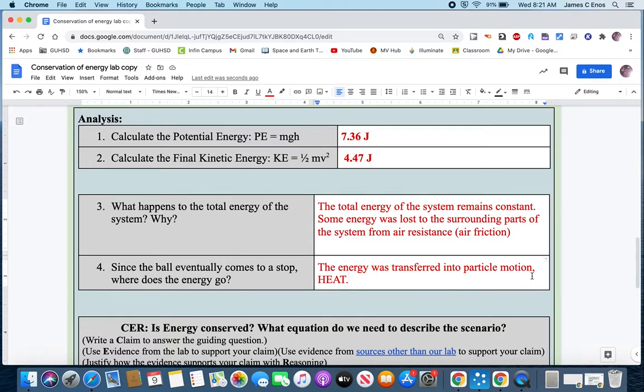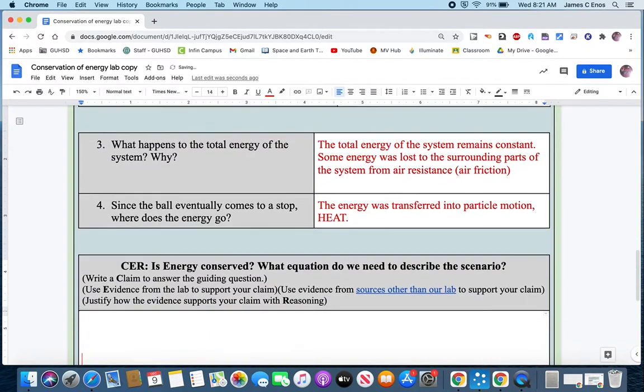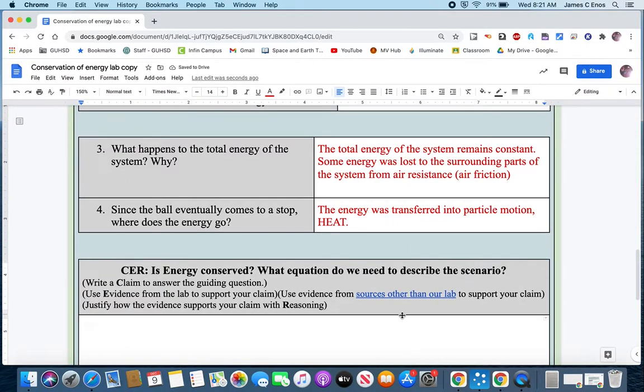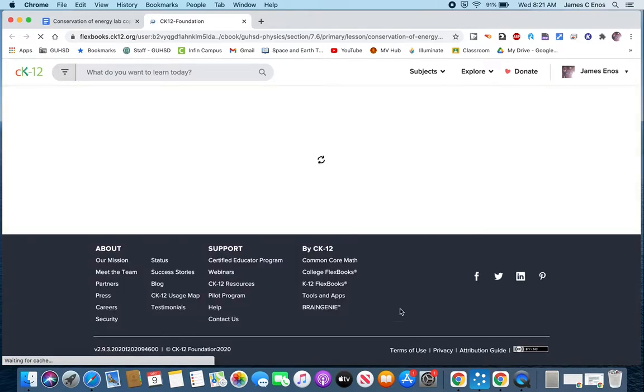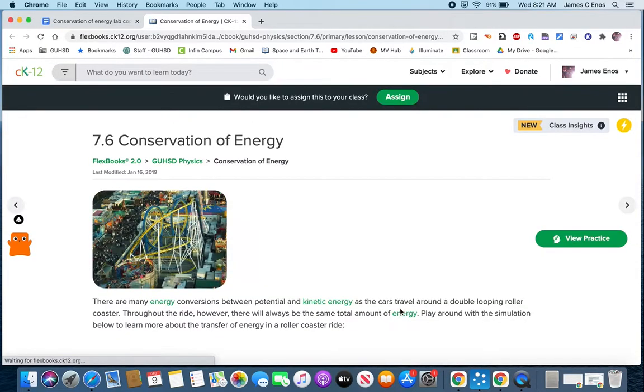So we're being asked our guiding question once again: is energy conserved? And what equation do we need to describe the scenario? We have these sources other than our lab. This is essential in getting to this CER, because all we found was that 7 doesn't equal 4.